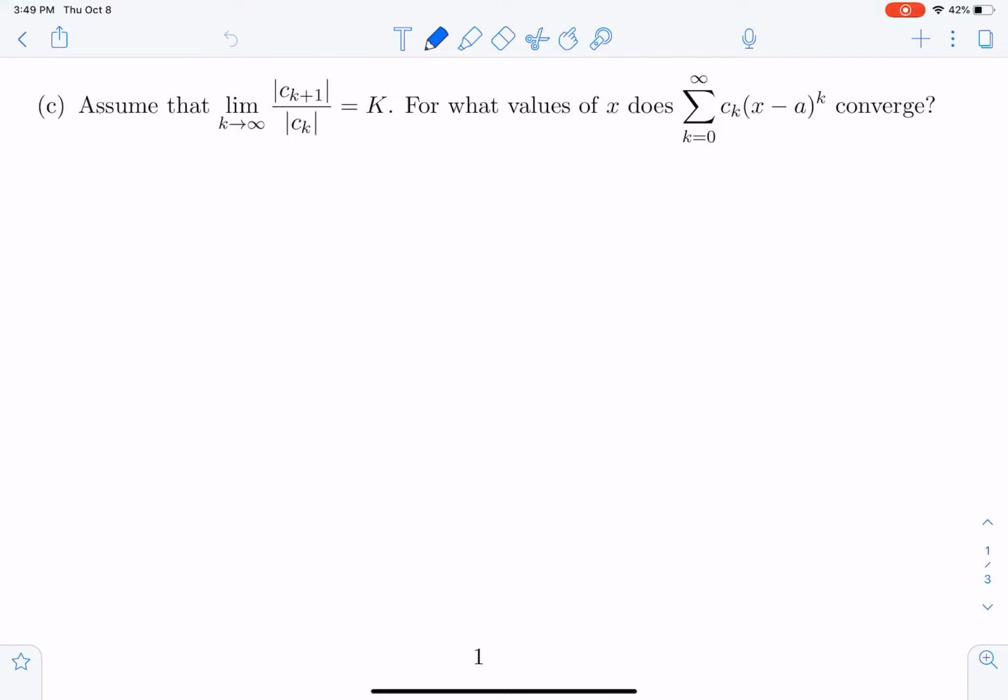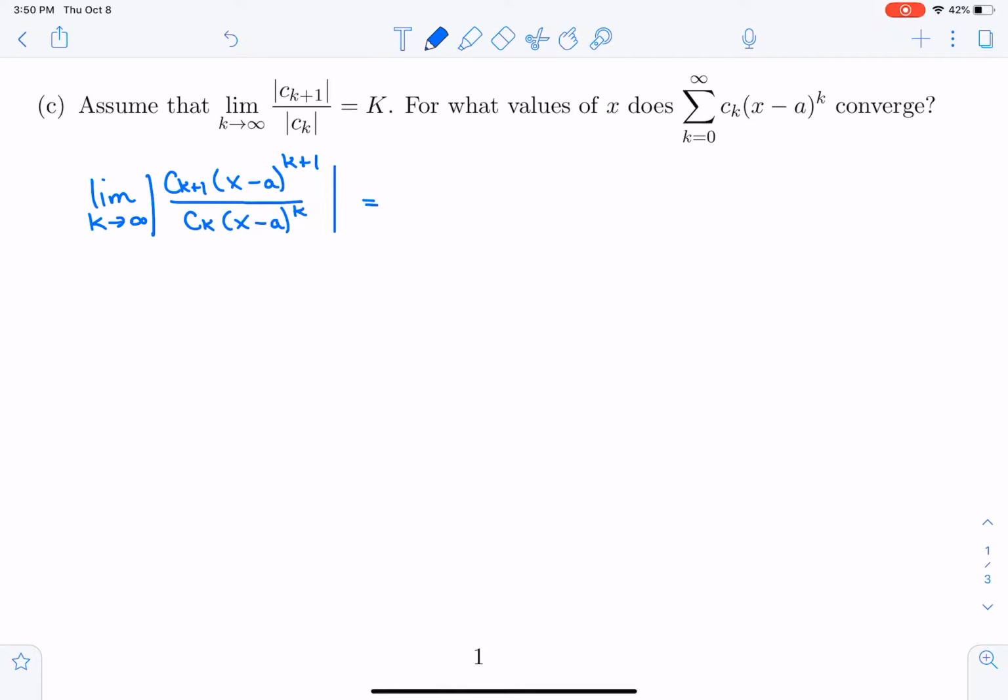The way that we can find the values of x for which this series converges is to use the ratio test. So let's look at the limit as k goes to infinity of the absolute value of c sub k plus 1 times (x minus a) to the k plus 1, divided by c sub k times (x minus a) to the k power.